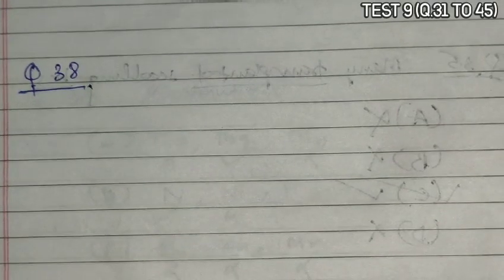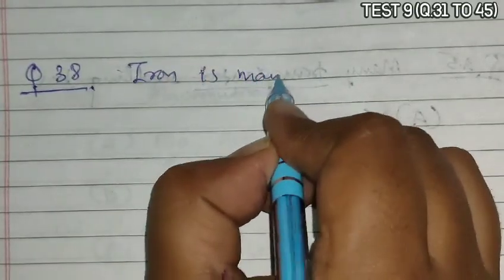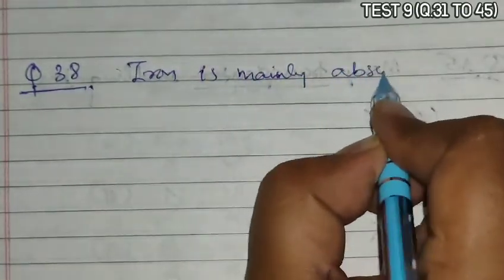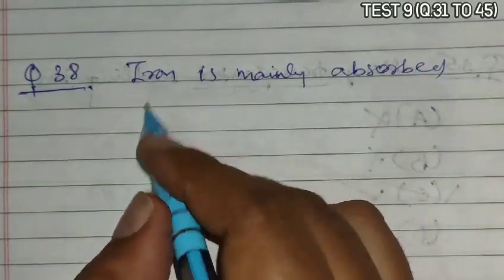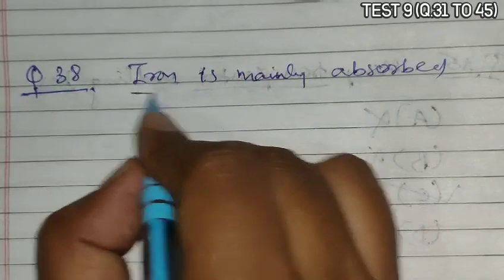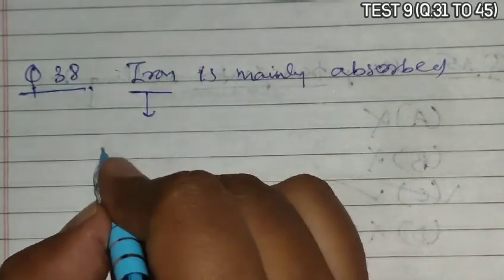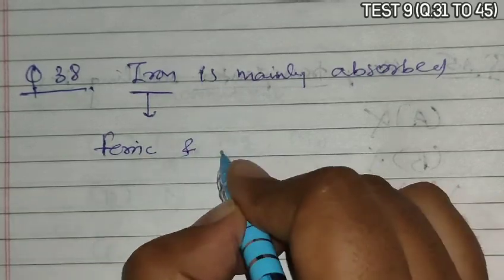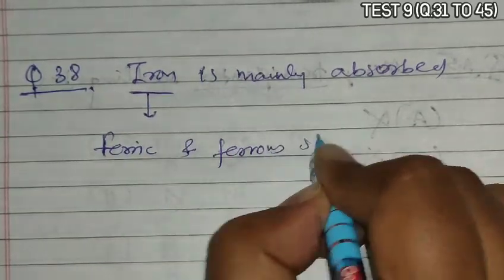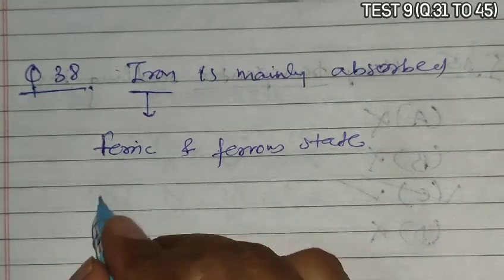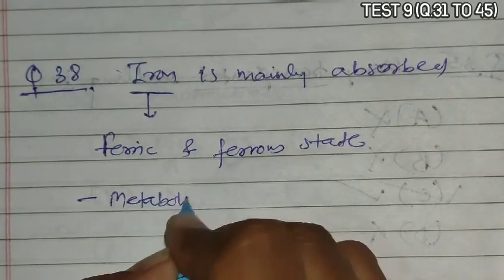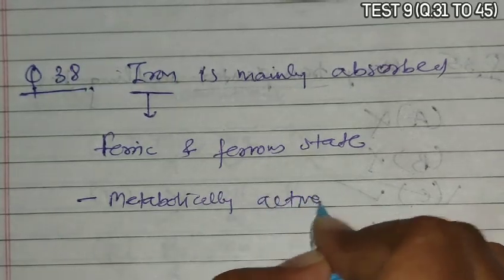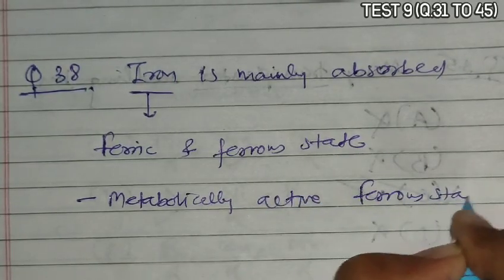Next, question 38. Question 38 asks that iron is mainly absorbed in the form of... Now we remember that iron is absorbed by the plant in ferric as well as ferrous state, but metabolically it is active in the ferrous state.